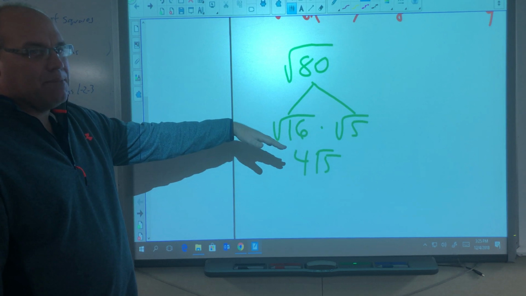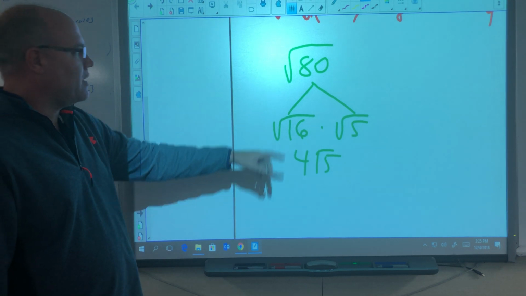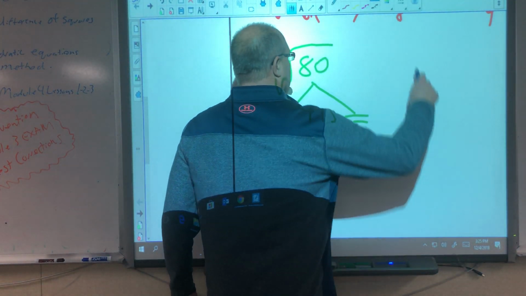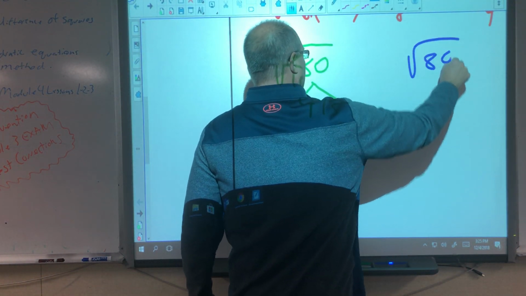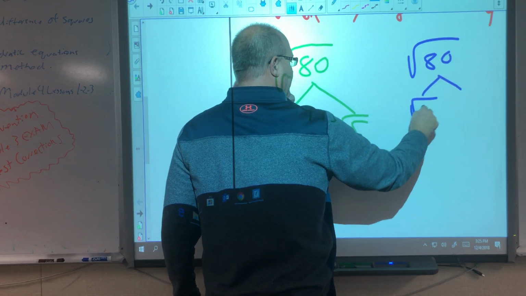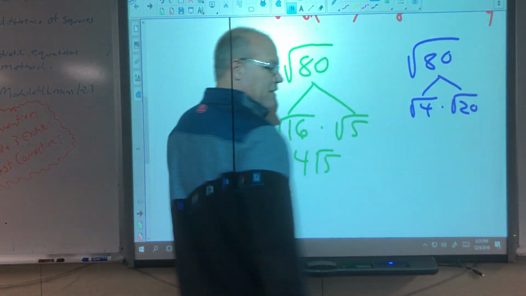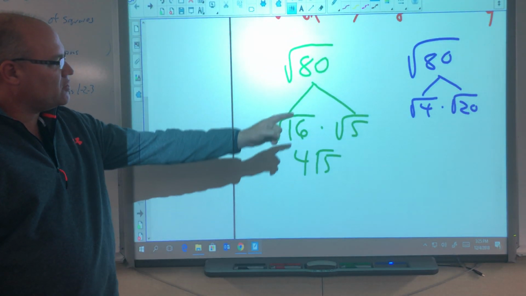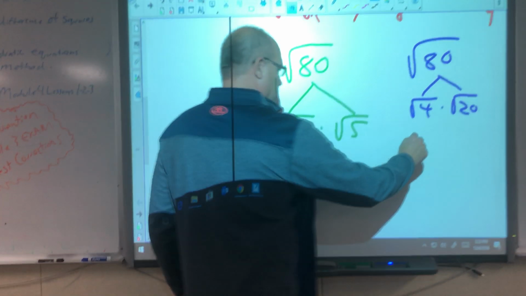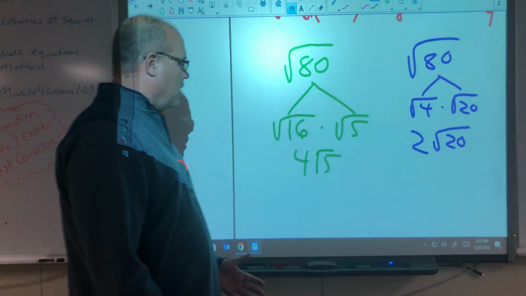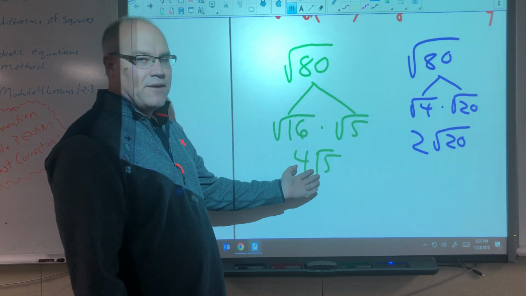Now, sometimes there's more than one perfect square that goes into 80. So sometimes students think, well, square root of 80 is the same as the square root of 4 times the square root of 20. And that's reasonable. So square root of 4 becomes 2. 2 square roots of 20. So then the student says, well, wait here. I don't get the same answer.